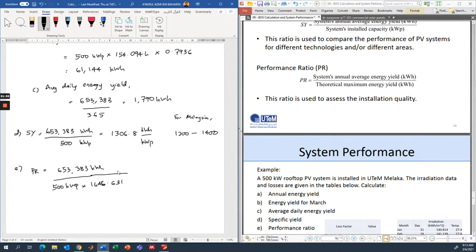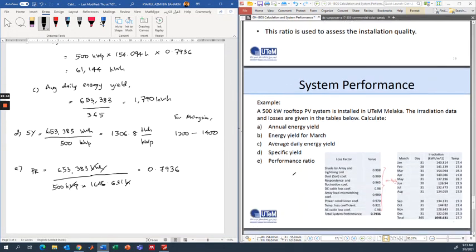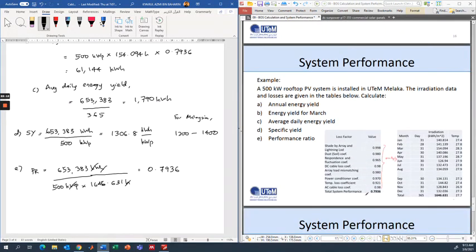So what do we have? This one is hour, so hour and hour cancel. Kilowatt and kilowatt also cancel. So we do the calculation, we get 0.7936, which is basically the same as the losses here. In this example, the loss factor is already given, so that's why the answer is exactly the same.